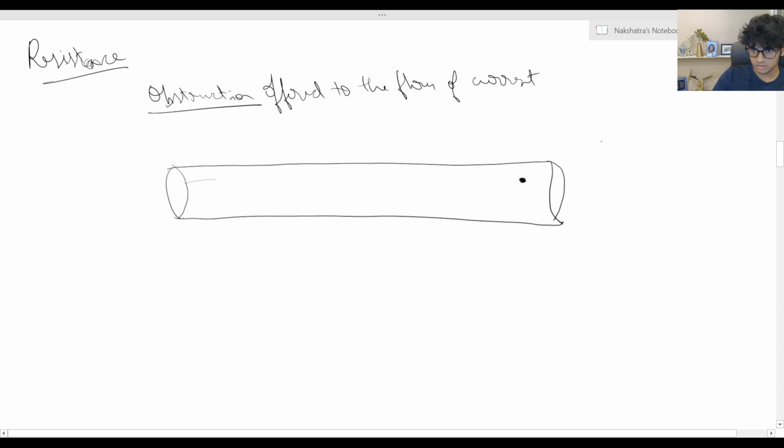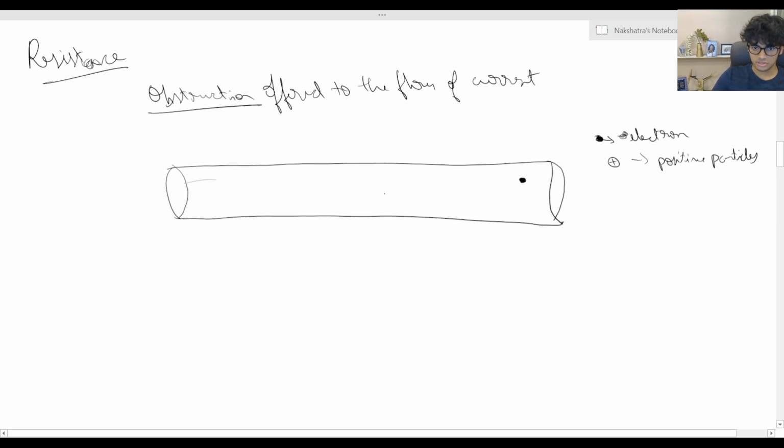Let's say that the dot with an arrow is the electron, and these are positive particles. Okay, these are positive particles, and this is an electron, and the arrow shows the movement. The arrow over here shows the movement of the electron.